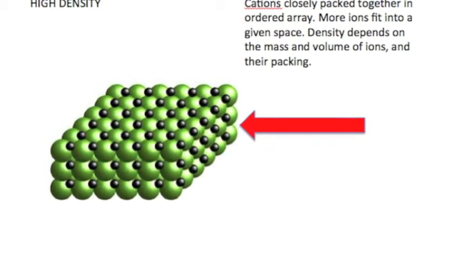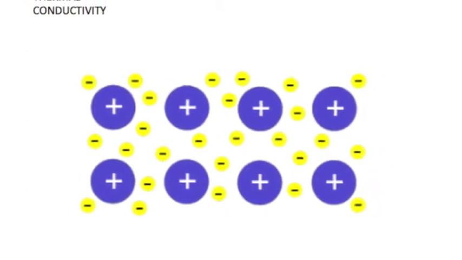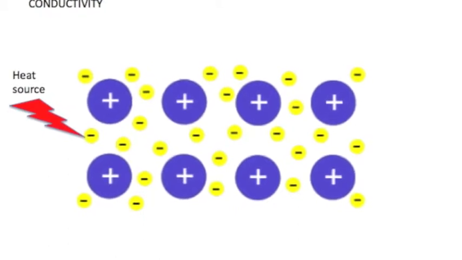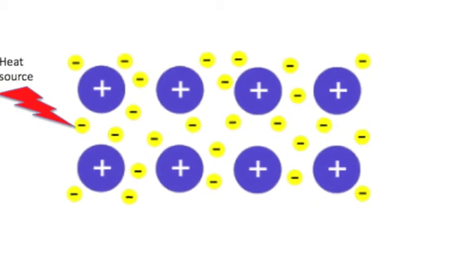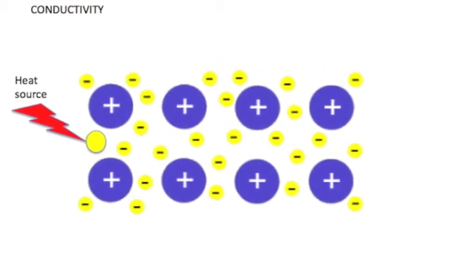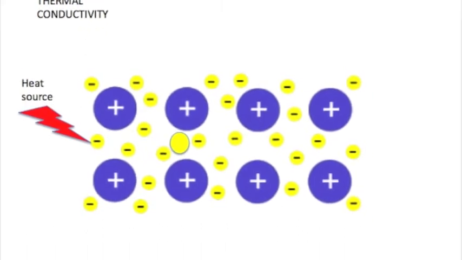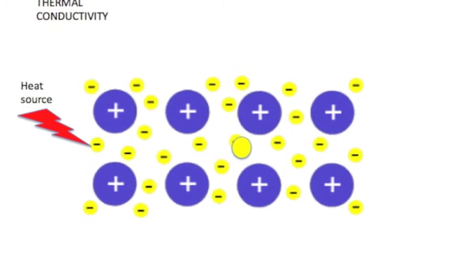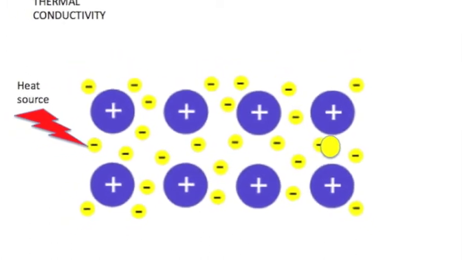Moving on to the next property, thermal conductivity. Look on the left, we're adding a heat source here. Now just watch what this heat source does to the little electrons, the yellow ones in the middle. As you can see, the electrons travel from left to right.